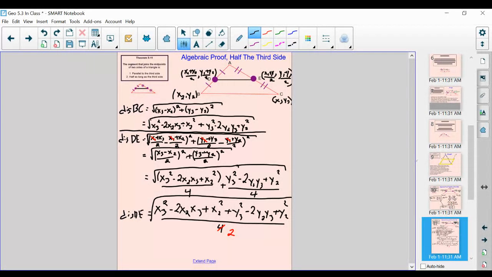But we wanted to prove that it was half as long as the third side. If you notice, and we go back to the third side, this is what we have for the third side: the square root of x sub 3 squared minus 2 x sub 2 x sub 3 plus x sub 2 squared plus y sub 3 squared minus 2 y sub 2 y sub 3 plus y sub 2 squared, right?